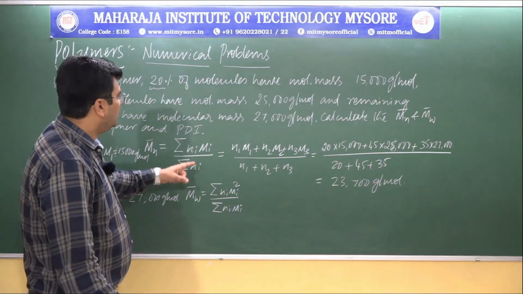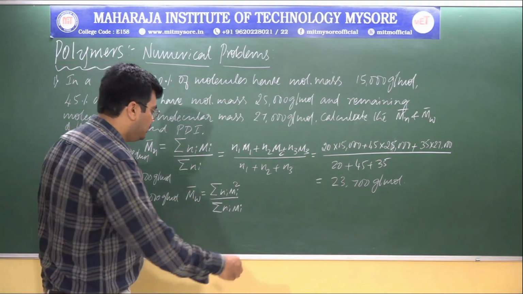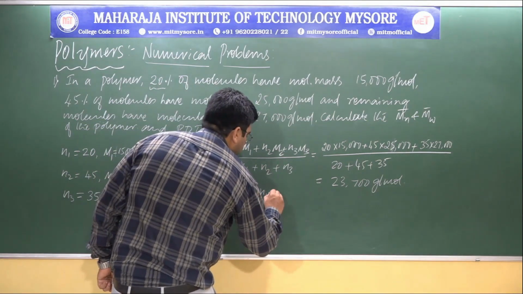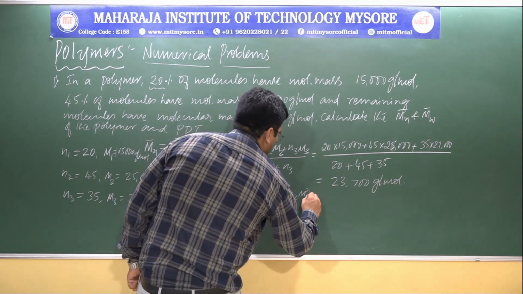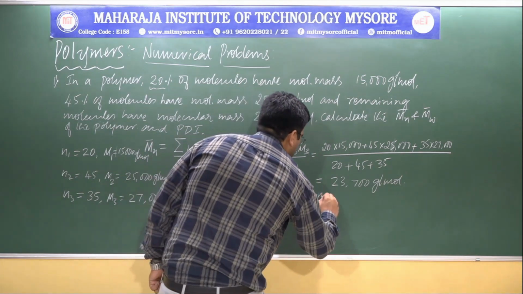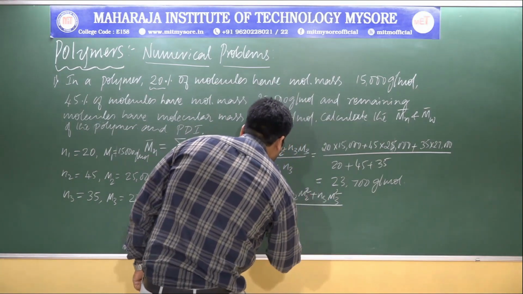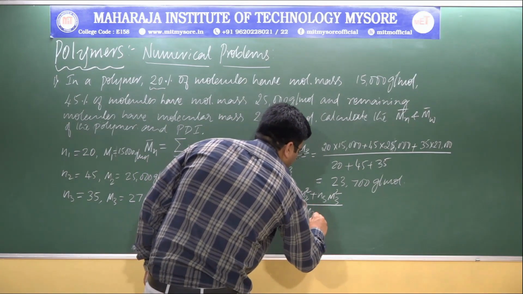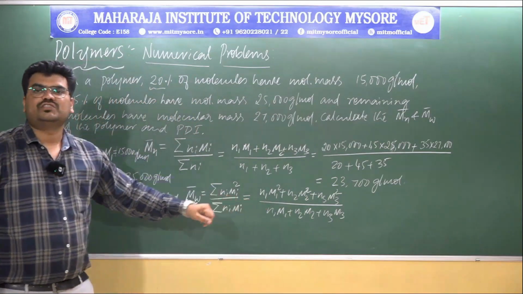As there are 3 different polymer chain lengths, you need to extend this formula up to 3 terms. That is N1 M1 square plus N2 M2 square plus N3 M3 square, divided by N1 M1 plus N2 M2 plus N3 M3. So this is the formula.